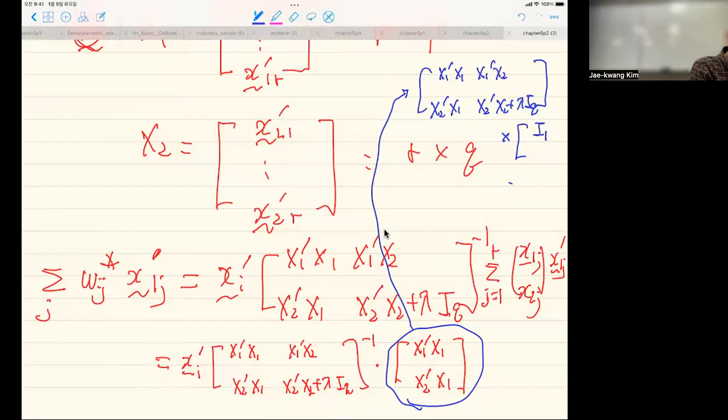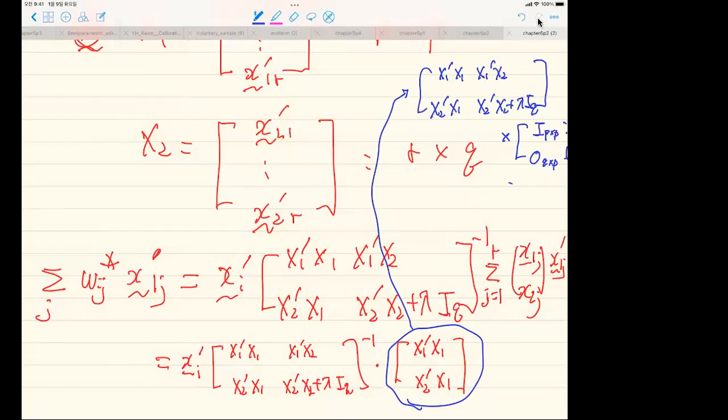P by P, P by P, 0, Q by P. So this matrix is nothing but taking the first column, which is multiplying this one. Then why are we doing all this headache?